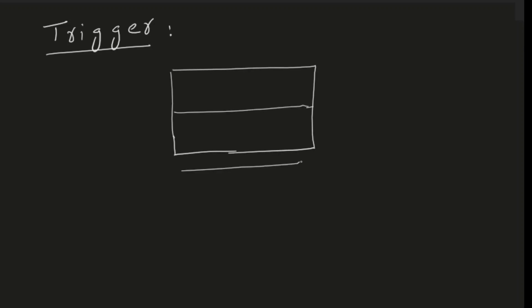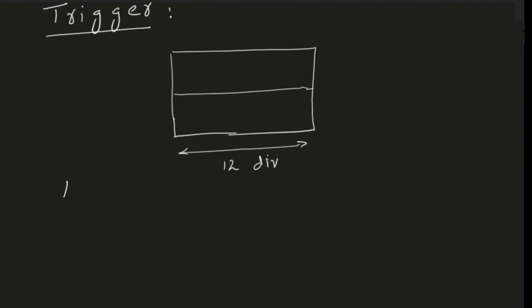As we have seen, we have 12 divisions along the time axis on my oscilloscope. So let's say I have selected the time per division to be equal to 1 millisecond. If this is the time that I have selected using the time per division knob, this will mean that on the horizontal axis, I will have a total of 12 milliseconds. So this is the amount of time that will be displayed on the horizontal axis.